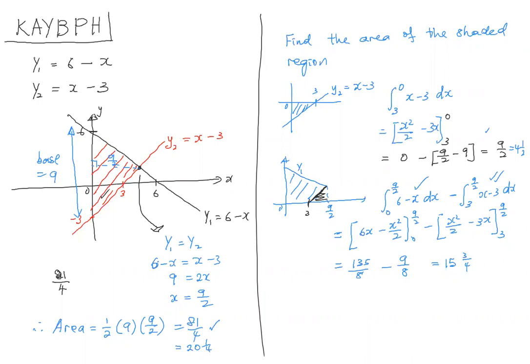So the first one, they use integration from 0 to 9/2, the top, 6 minus x dx. Then they take away the bottom. Bottom is 0. This is the bottom curve.